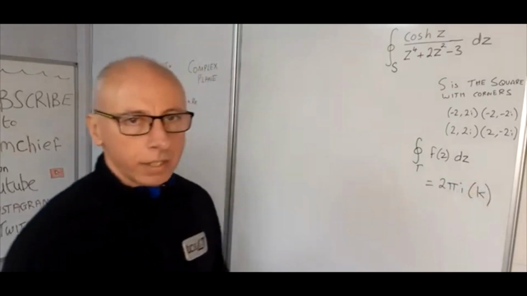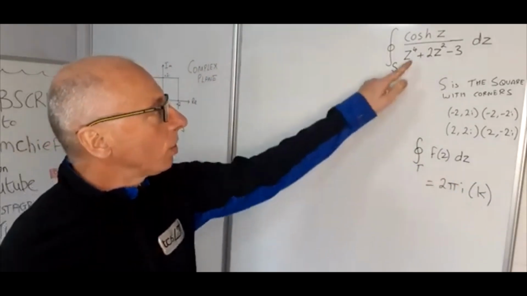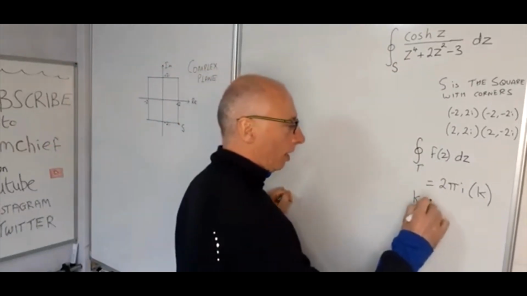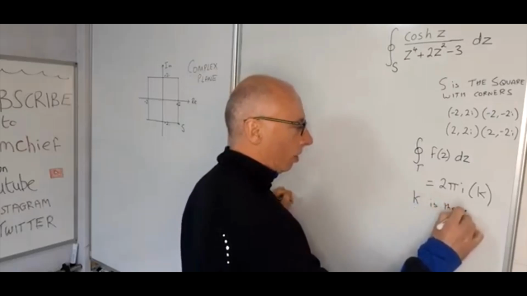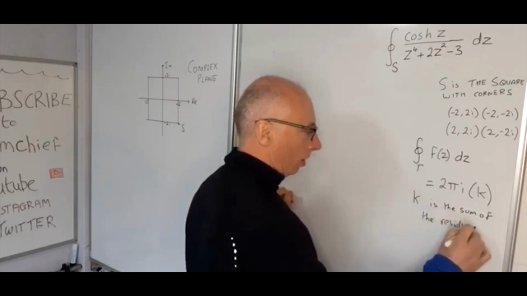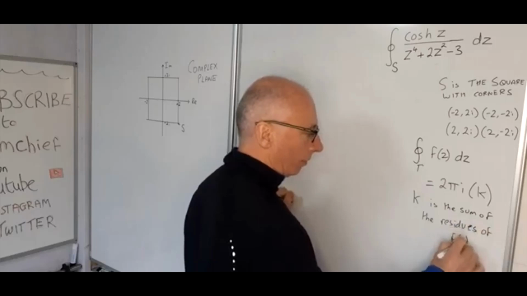You can use any letter you like for this. And k is basically the sum of all the residues of f of z.